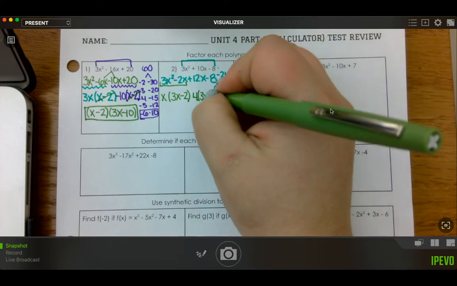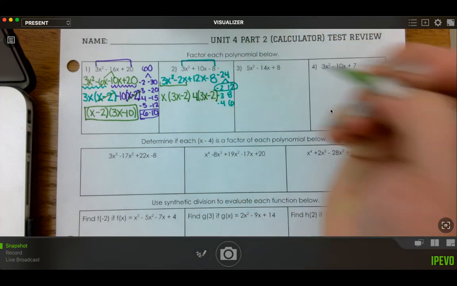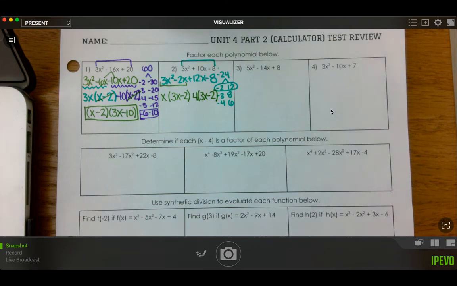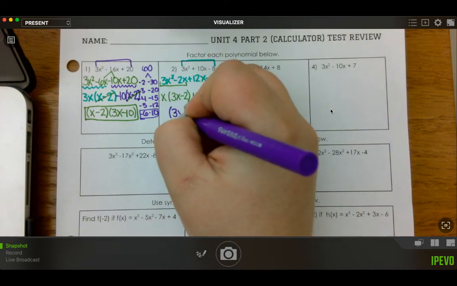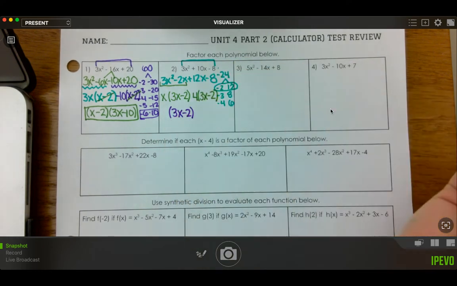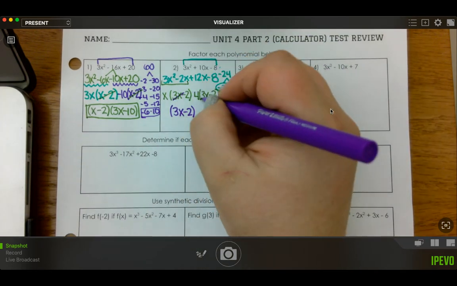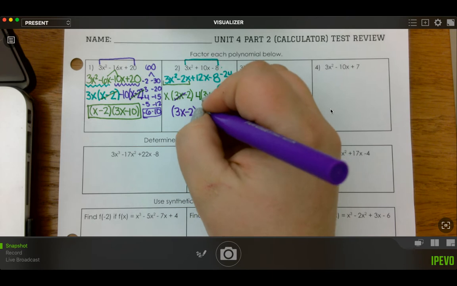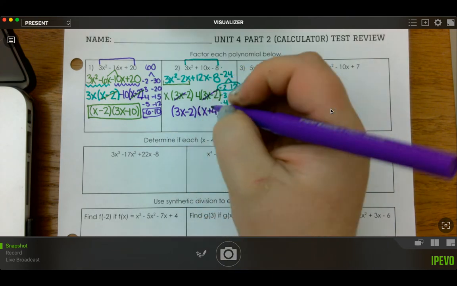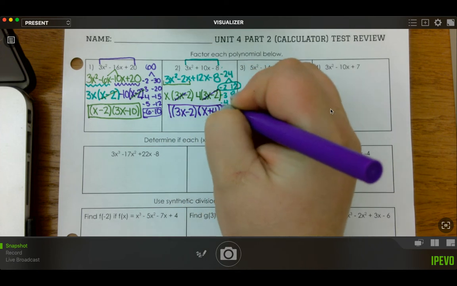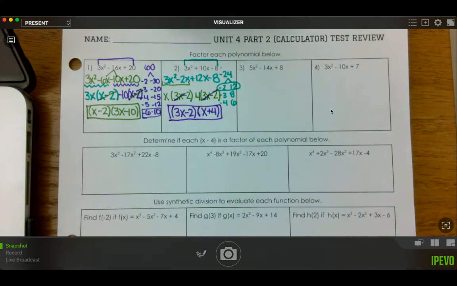Negative 8 divided by 4 is negative 2. My 3x minus 2 is matched, so that's my first factor. And the outsides, or what's left if I cross those off, is x and 4. Don't forget to put a plus sign in between those. And there you go.